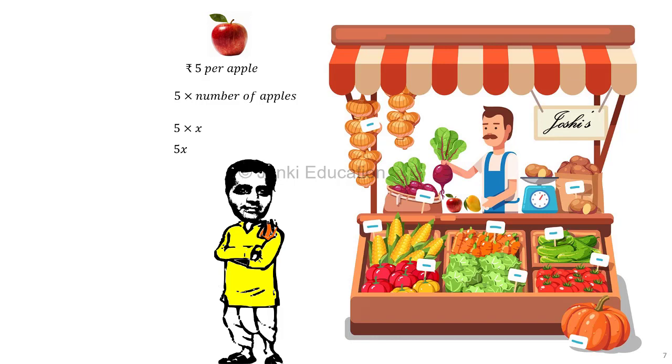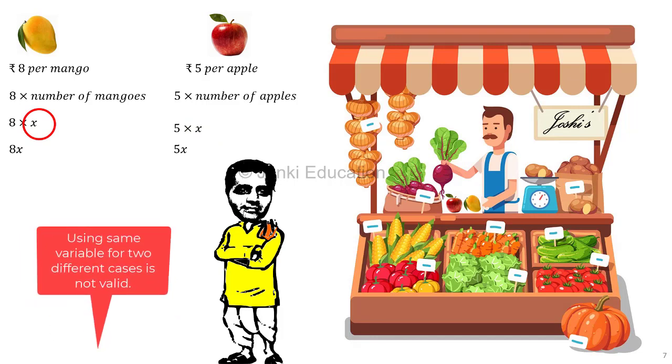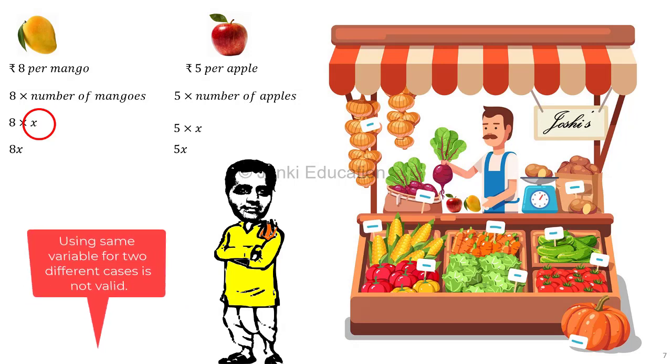Do you remember this gentleman purchased mangoes previously? Fine. So please pay attention. Here we have taken x for the number of apples, but we have already taken x for the number of mangoes. Using the same alphabet for two different cases is not valid.